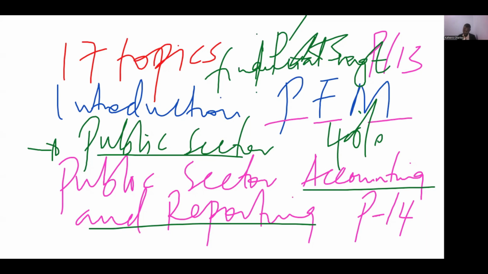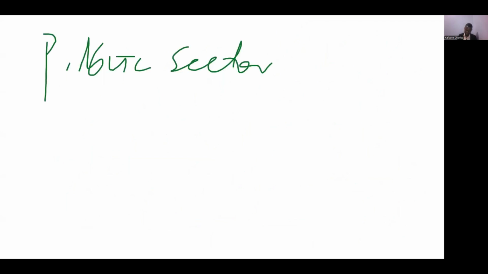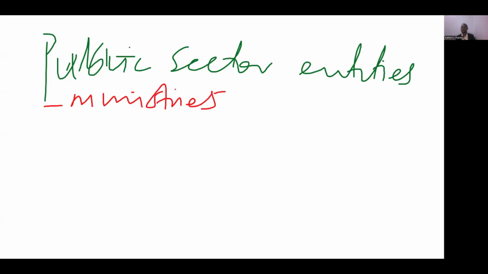Of course, when you talk about public sector entities, we are talking about the ministries, like, let's say, Ministry of Local Government, Ministry of Finance, Ministry of Trade, Ministry of Water, Ministry of Works, Ministry of Internal Affairs. Those are the different ministries that I'm talking about. So we may have the ministries, we may have agencies.